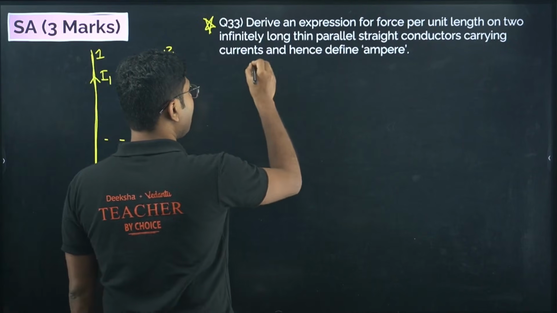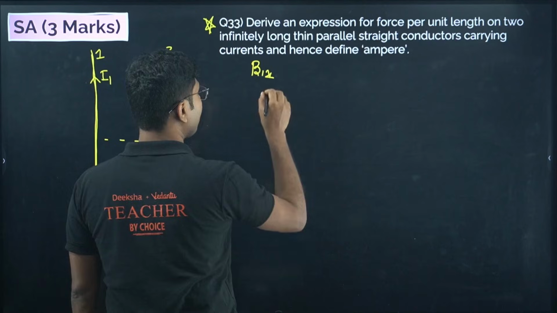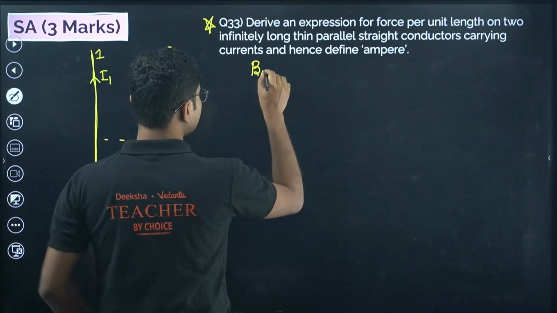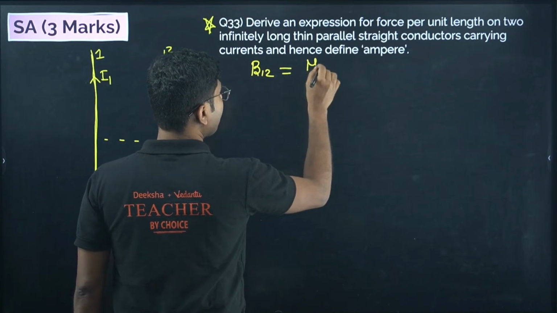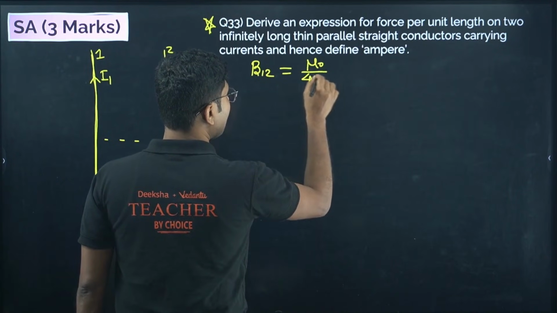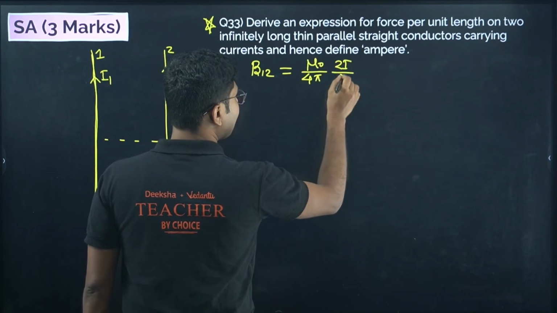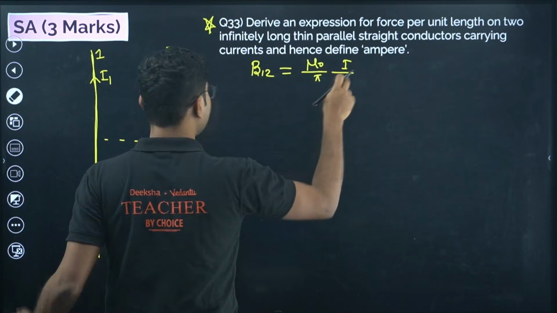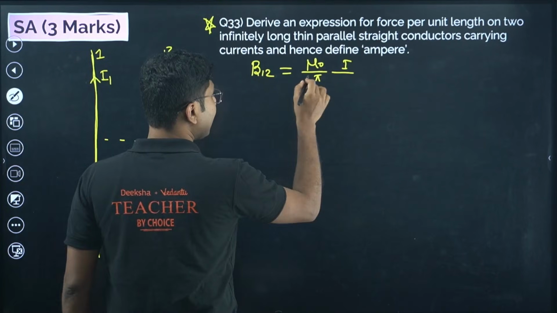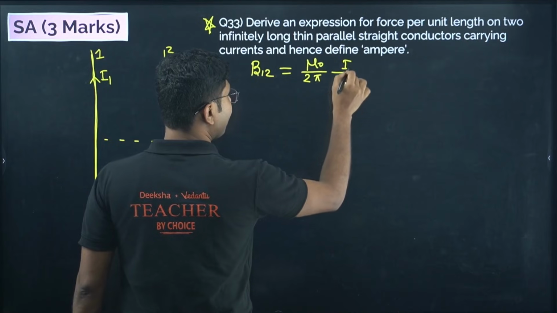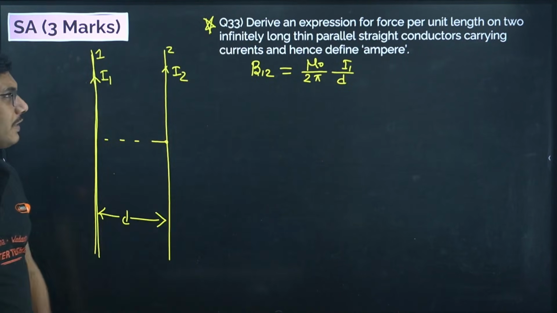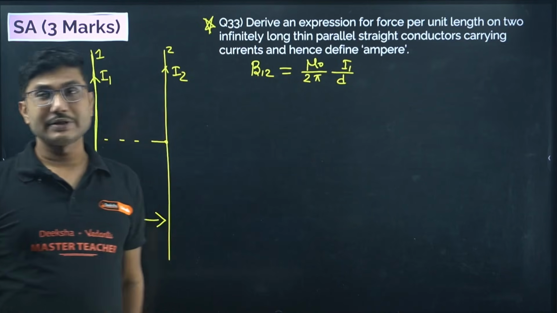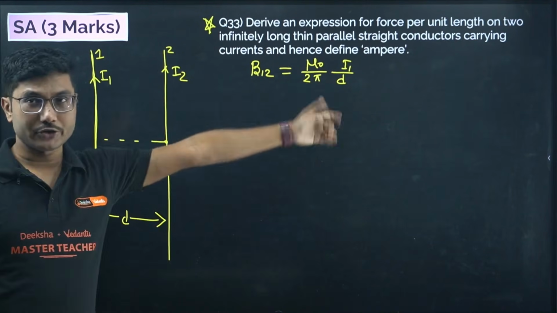The magnetic field due to wire 1 at the location of wire 2 is given by, we just did the derivation by the way, mu naught by 4 pi 2I by R, or here I1 by D. So this is the magnetic field of wire 1 at the location of wire 2.